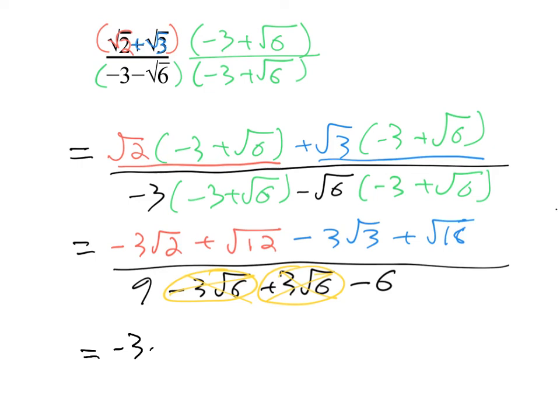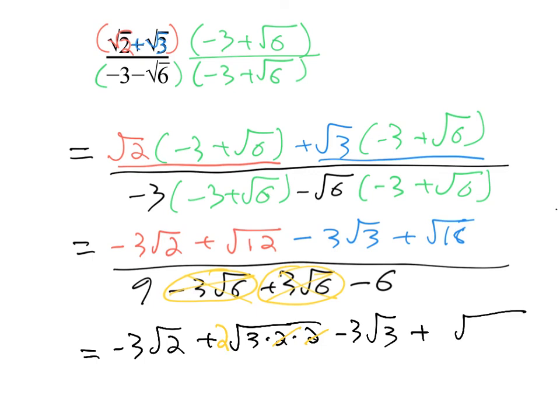So we have negative 3 root 2 plus the root of 12. If we were to simplify using factor trees, that would be the root of 3 times 2 times 2, which is just going to be equal to 2 times the root of 3, minus 3 root 3, plus the root of 18. Root of 18, if we were to simplify using factor trees, would be 3 times 3 times 2.